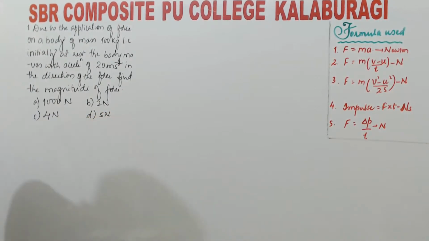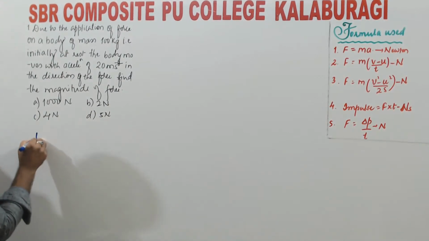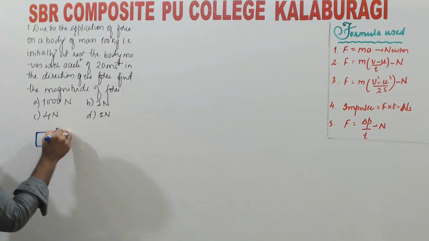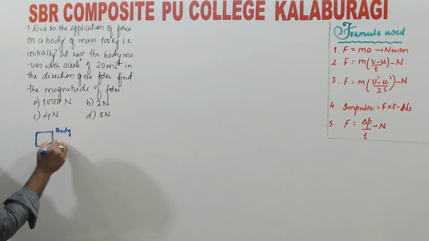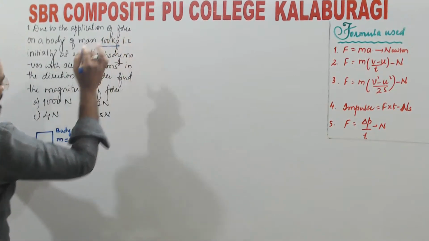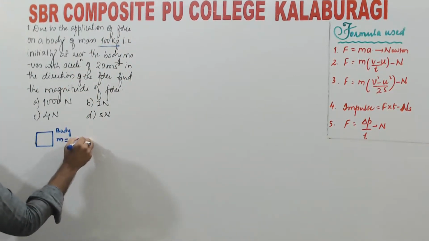So you see the question. According to the question, imagine this is a body of mass m. The mass of the body is given as m equals 100 kilogram.